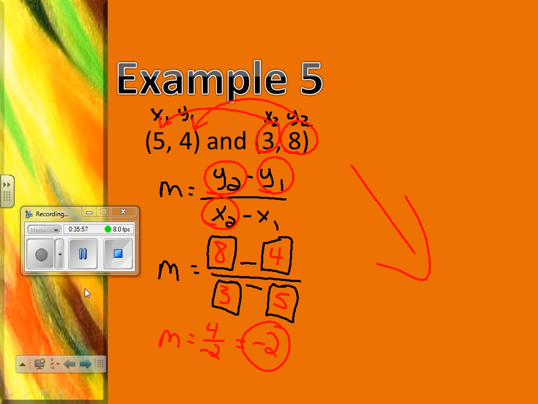If I go negative down, then I've got to go positive 1, right? Because a negative over positive would be a negative. I can't go negative, negative, because then it would be a positive slope. Negative 2, right 1. Negative 2, right 1. So tell me about this line.